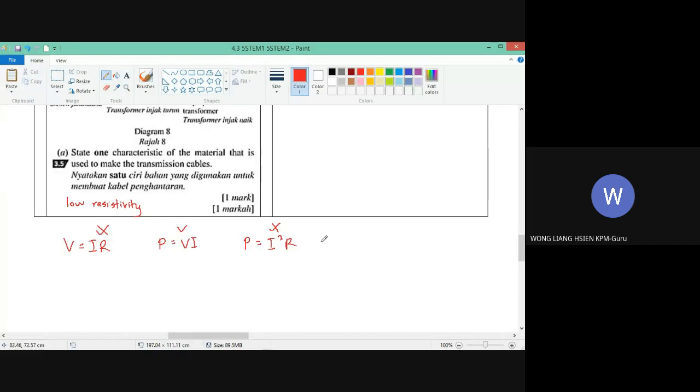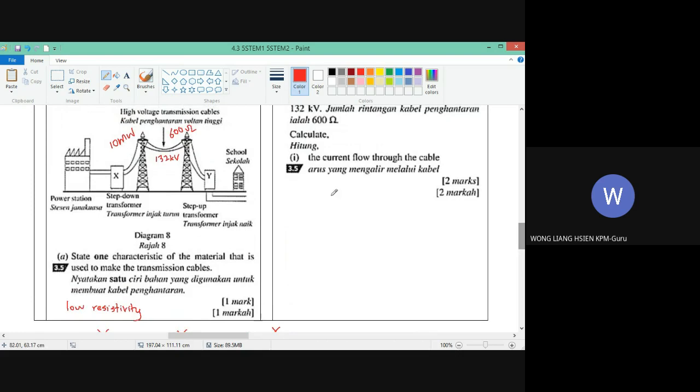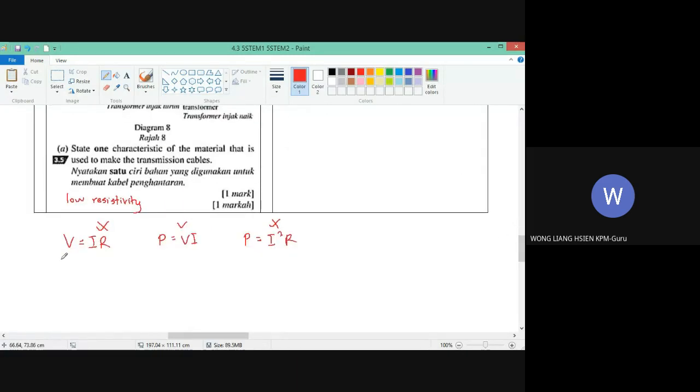The reason is because this voltage of 132 kilovolt is actually not the voltage that the cable gets.